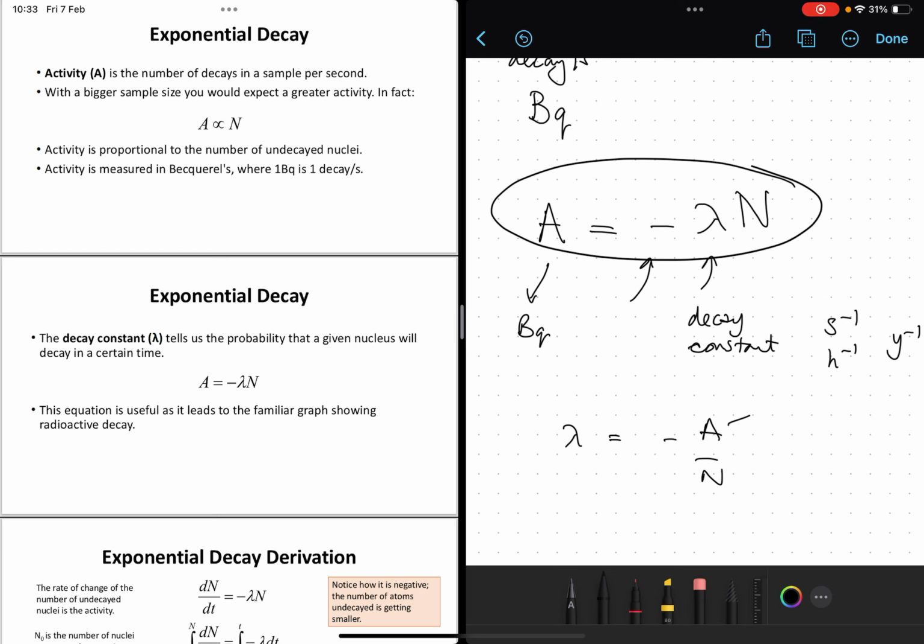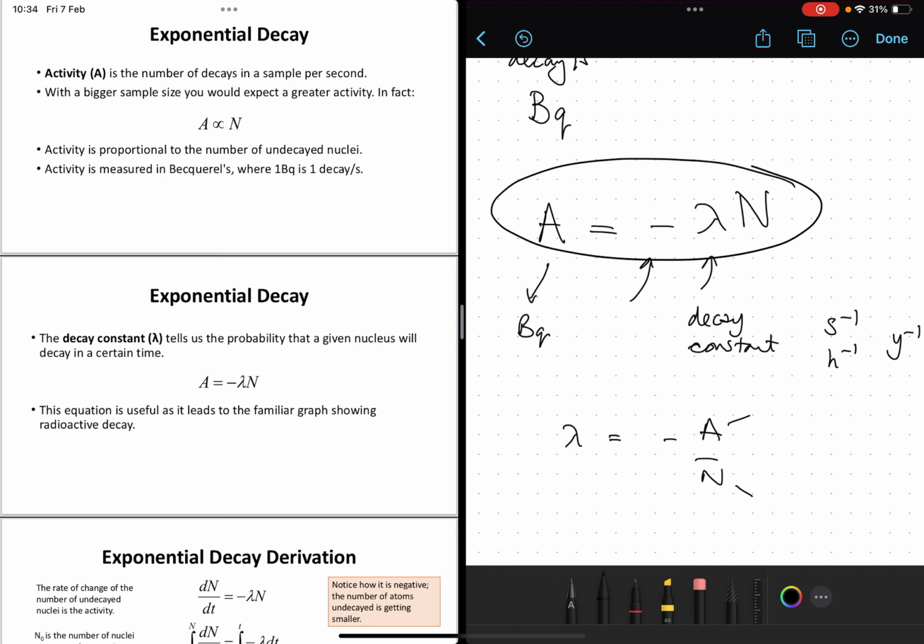Activity is per second, and N is just a number. The decay constant only depends on that particular nuclide. In other words, it's specific to each nuclide. So uranium-238 has a particular value of lambda, and that's different to, let's say, thorium-234. And it is not dependent on the decay mechanism.